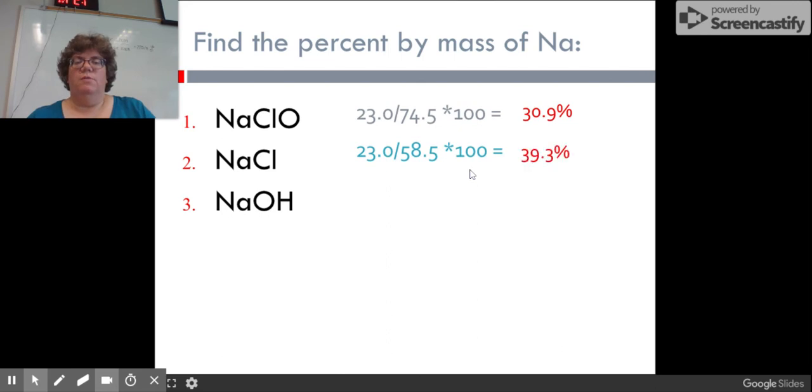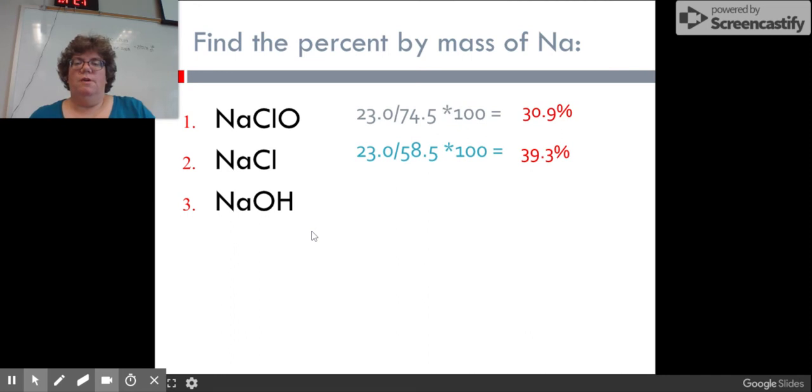Multiply that times 100%, and we get 39.3%. So sodium makes up more of this compound than it does of this one. It's 39% of this compound and just under 31% here. That's because the oxygen takes up some space as well.